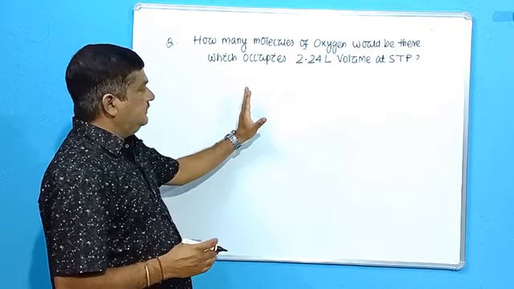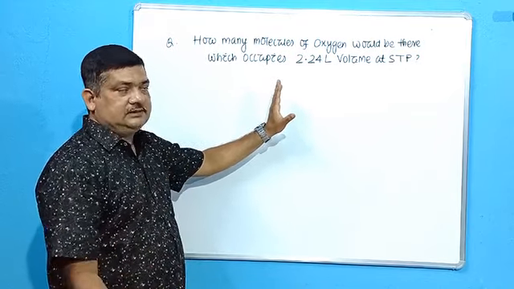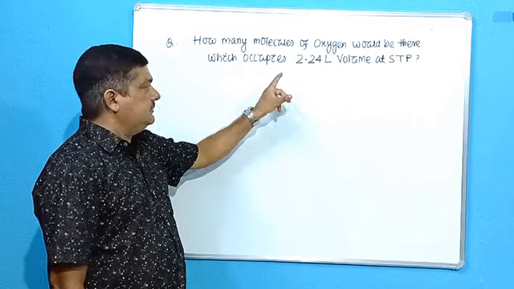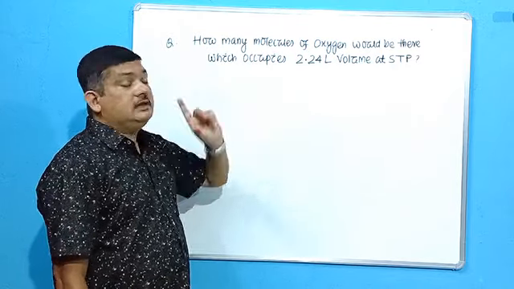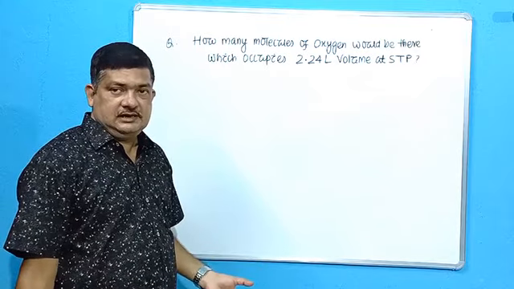What is the question? If oxygen is occupying a certain volume at standard temperature and pressure, say 2.24 liter, then how many molecules of oxygen will be present there?